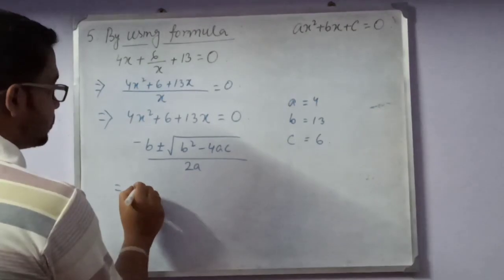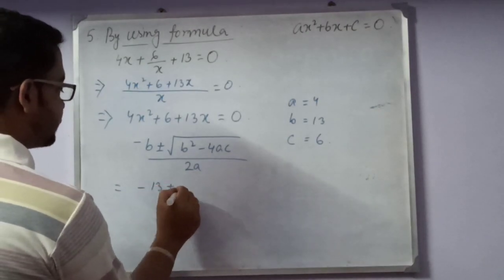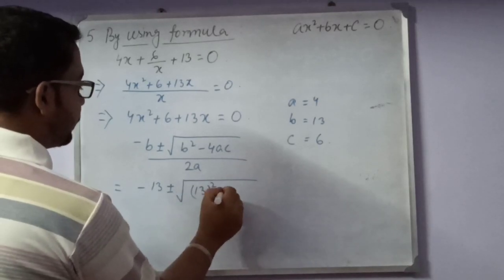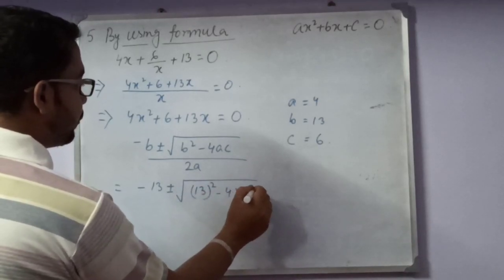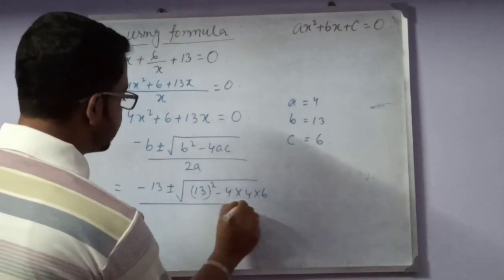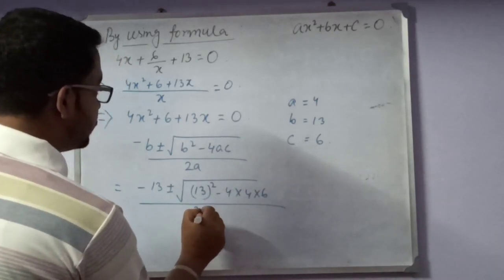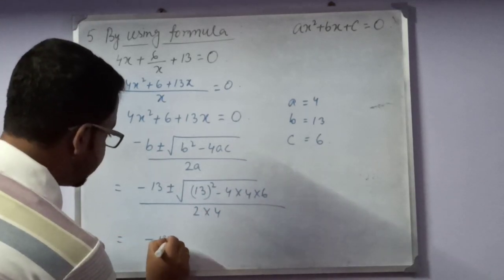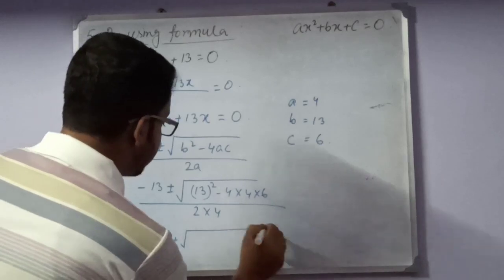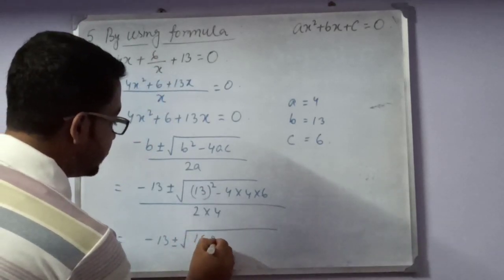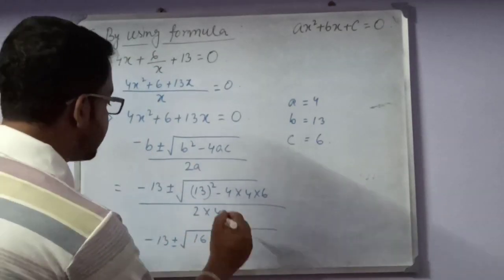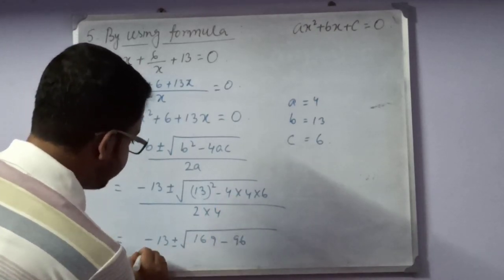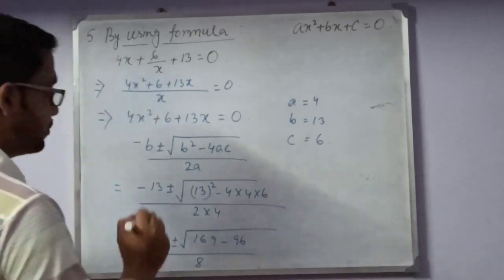So we put the values: minus 13 plus minus b square, meaning 13 square, minus 4 into 6, upon 2 into 4. So we got minus 13 plus minus, value is 169 minus 96, upon 8.